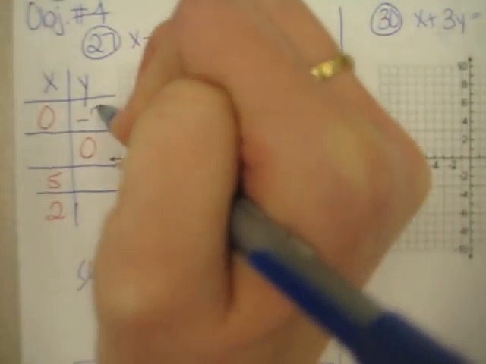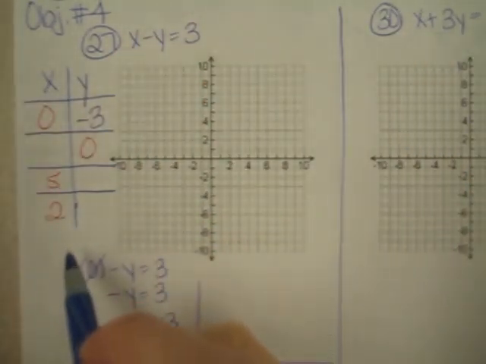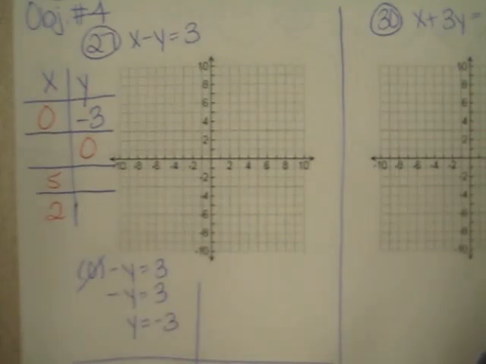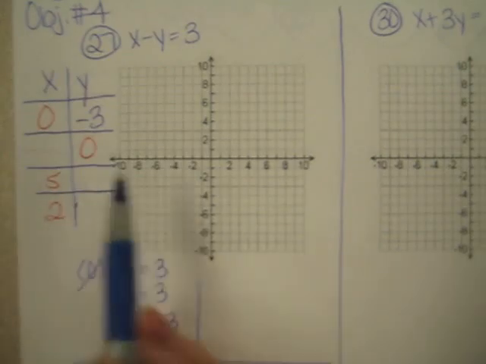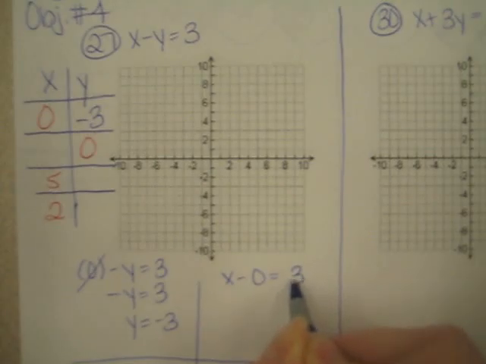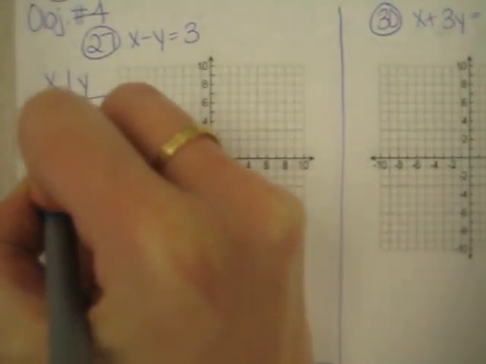So there's my first coordinate point. Yes, it's written as an XY table, but really you want to treat this as a coordinate point. Always have those parentheses. Next, I'm going to plug in y equals 0. This is 0, so simply x equals 3. So I plug that into my XY table.